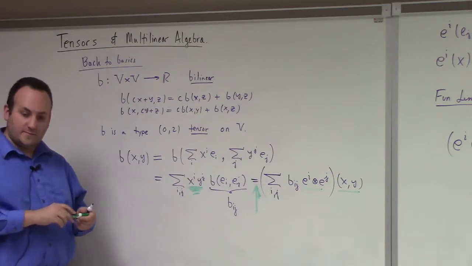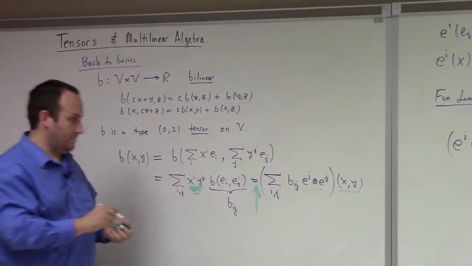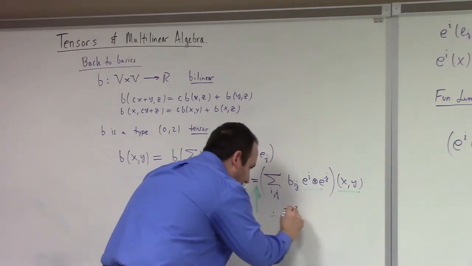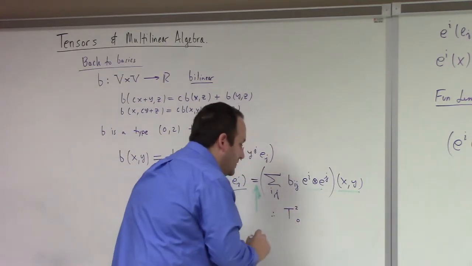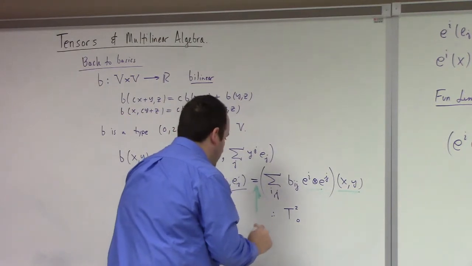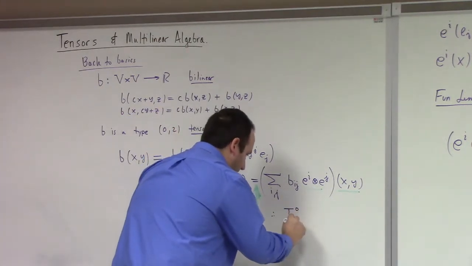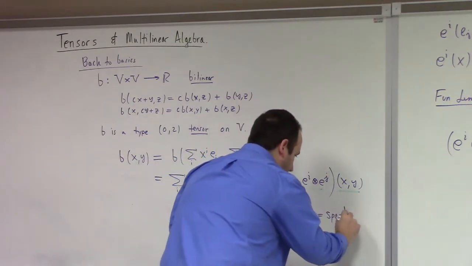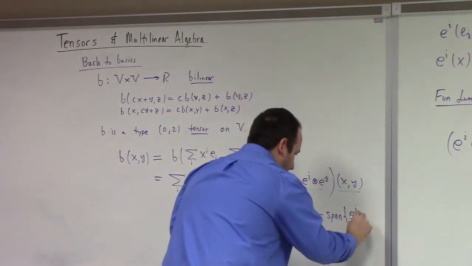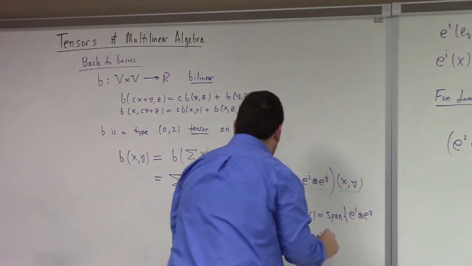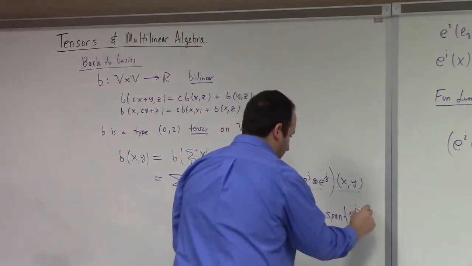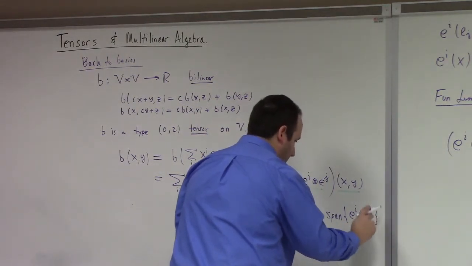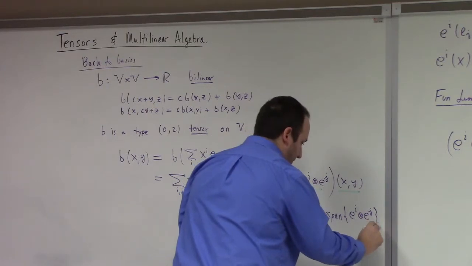What does this show? The tensors of type (0,2) over V are a span of e^i tensor e^j, for i, j equal to 1 to n.